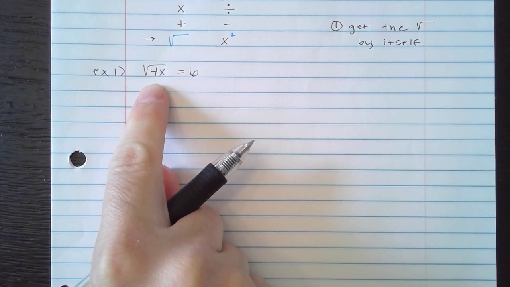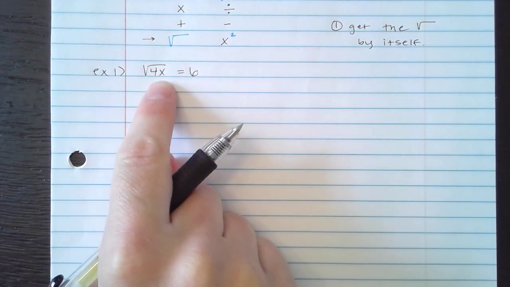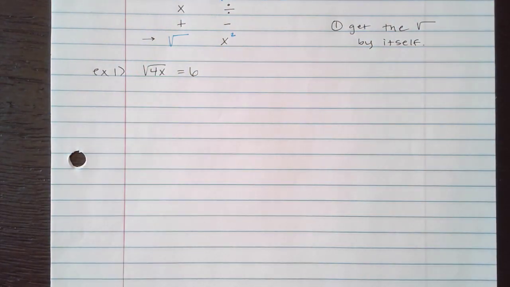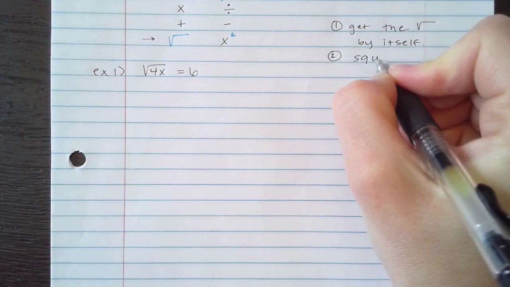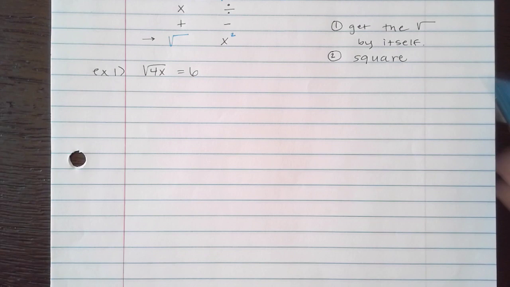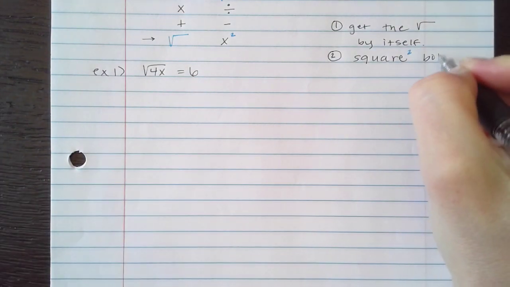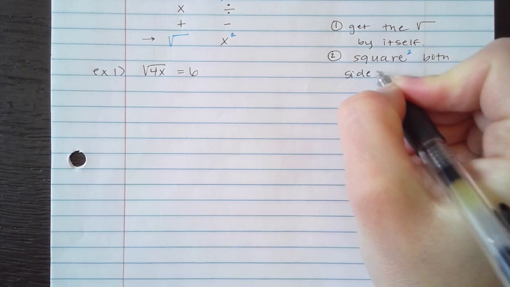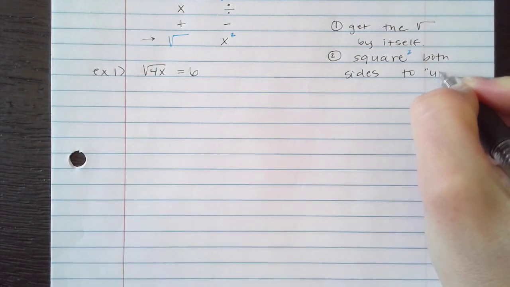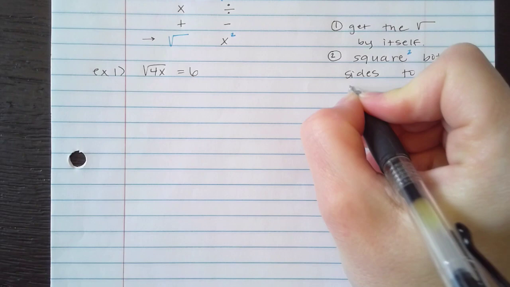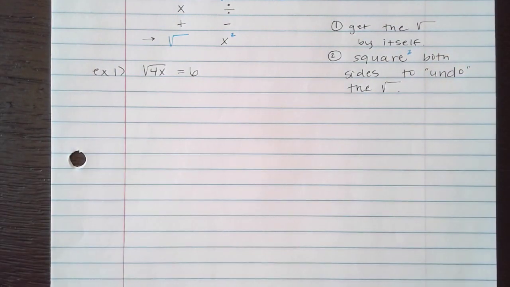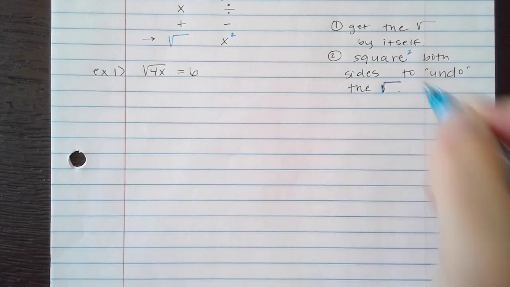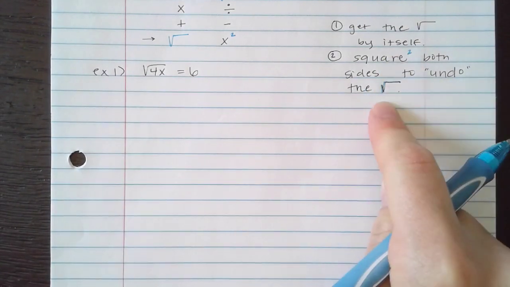And in this case, the square root symbol is all by itself on the left-hand side, so I know that I'm good there. Then you're going to square, meaning put it to the power of 2, both sides to undo the square root. And what that means, because they are inverses, I should use blue. I'll write over it there. So those are undoing each other.